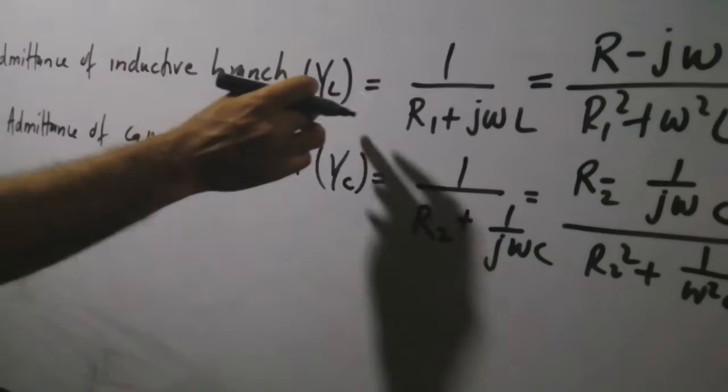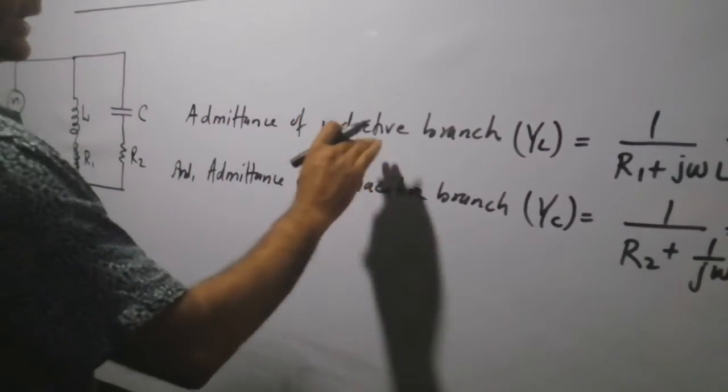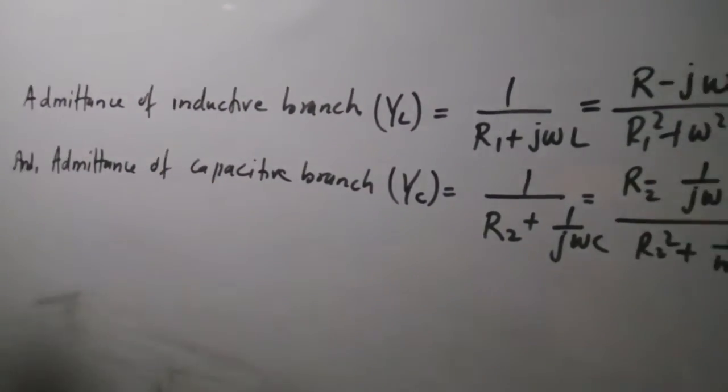So we got the 2 admittances, one for the inductive branch, the other for the capacitive branch.